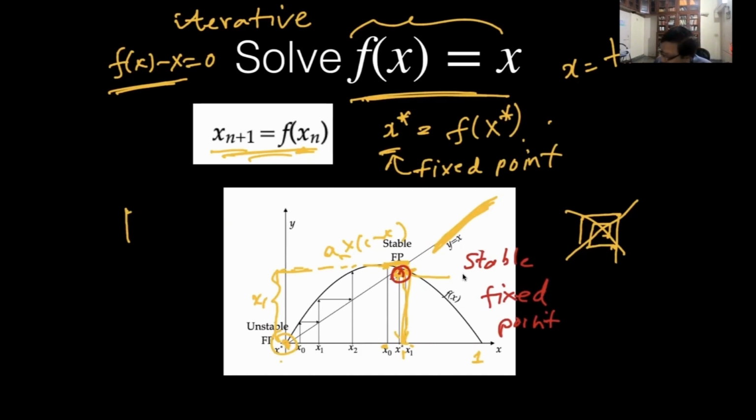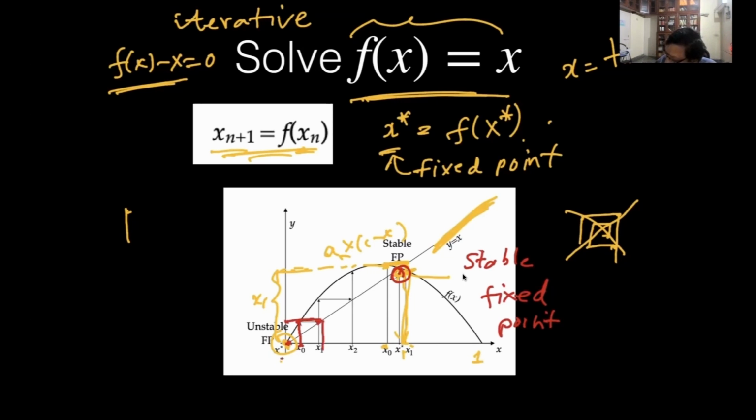What about the x equal to 0 point? If you start from x naught, do I go close to 0 or do I go away from 0? It turns out that if I start from x naught and do the same step, I extend the horizontal line and reach here, and x1 is here.